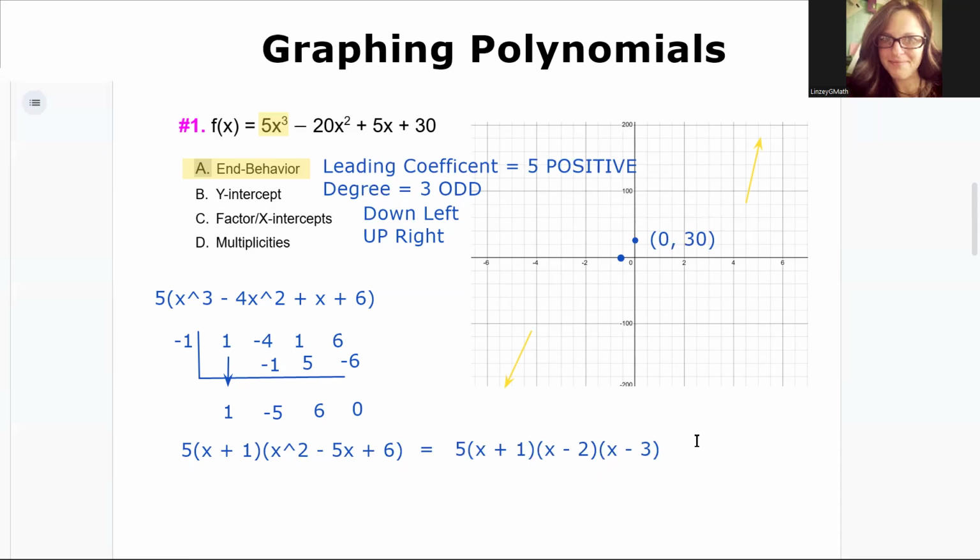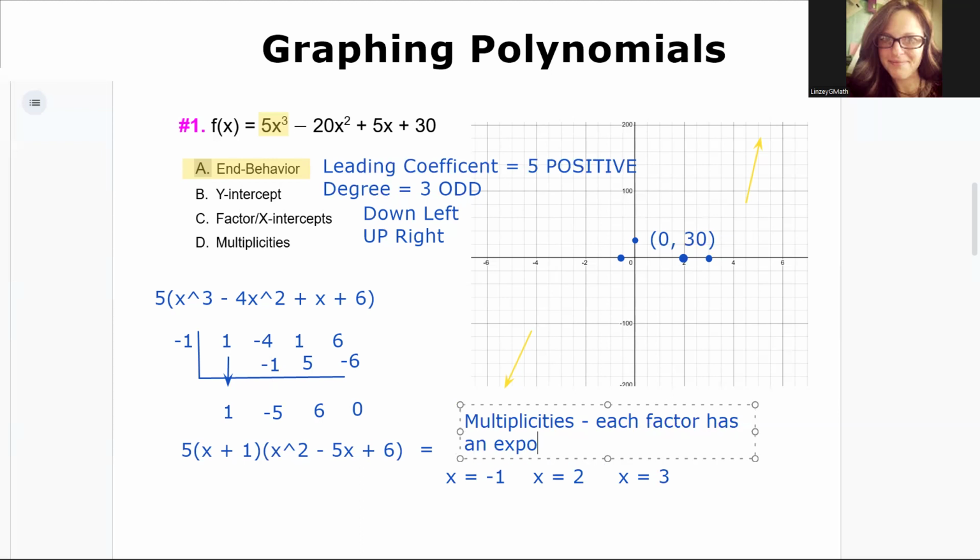So then we'll set each factor equal to 0, and we do get our x-intercepts, and we can graph those. -1 we have, and then positive 2 and 3. And then the multiplicities. Each one of these factors has an exponent of 1, an odd multiplicity.